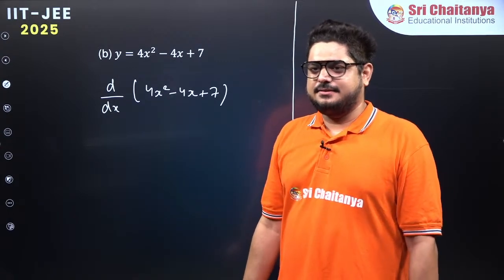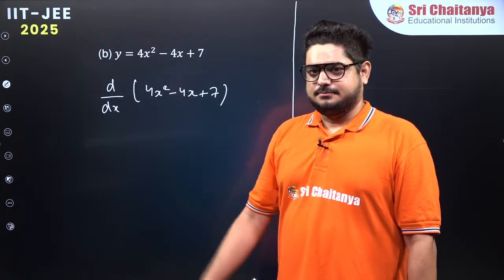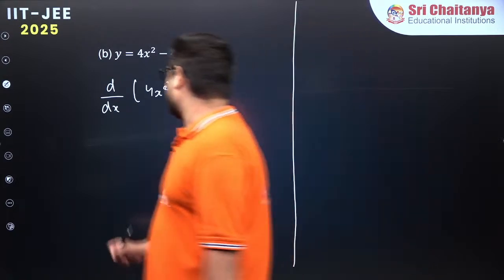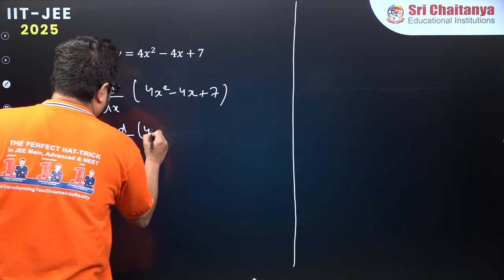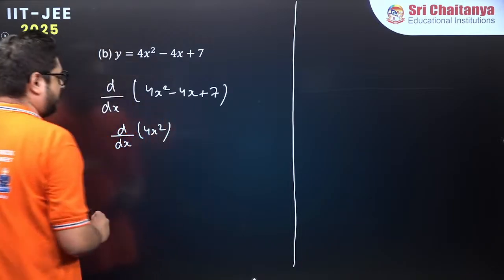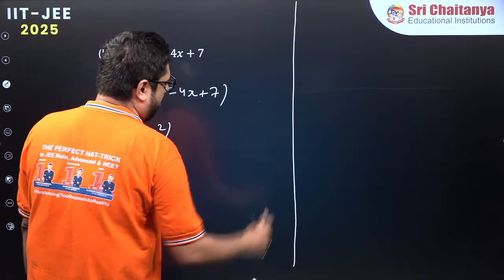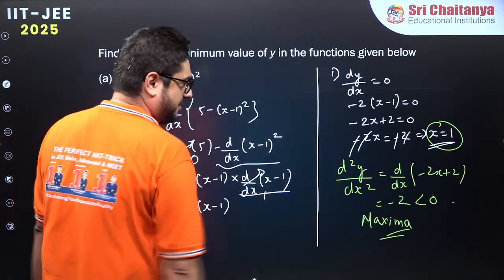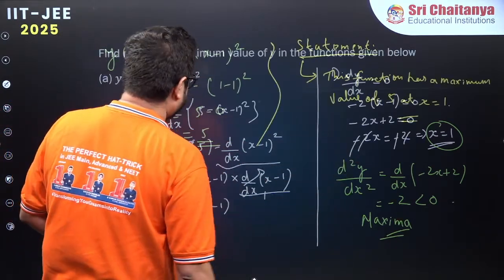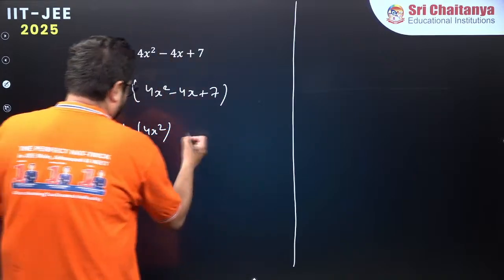Okay, fine. Okay, 8x minus 4. So those who don't know differentiation, please do pay attention. I think some of you were still pondering how did I obtain minus 2 over here after differentiating d by dx of minus of 2x plus 2. Focus over here what we have to do.